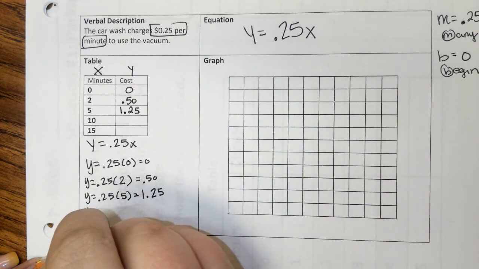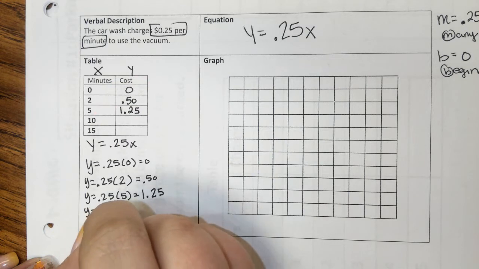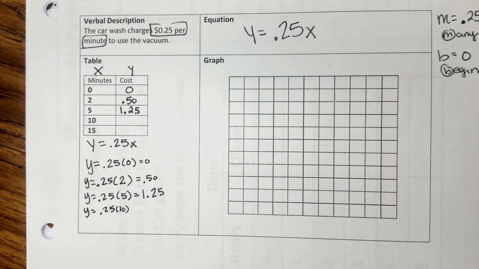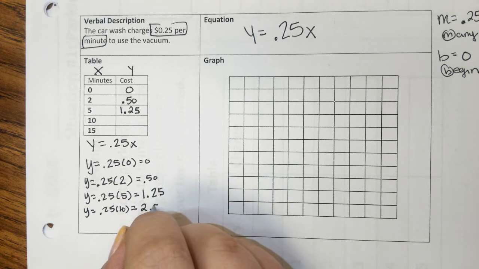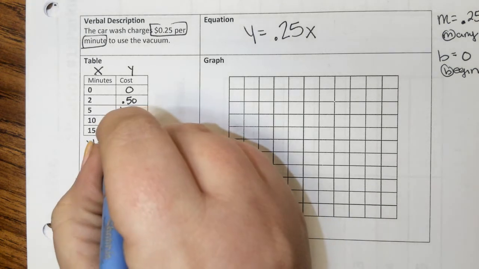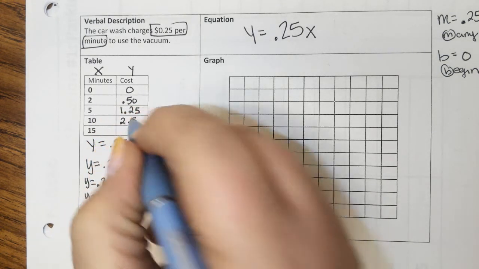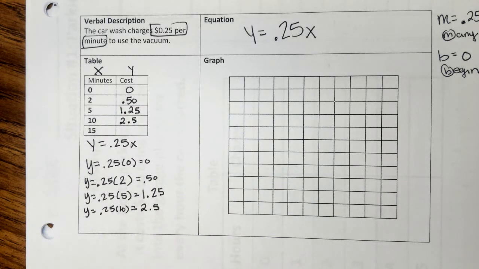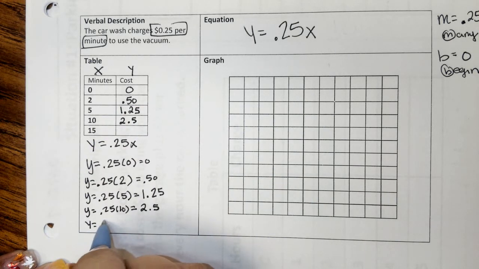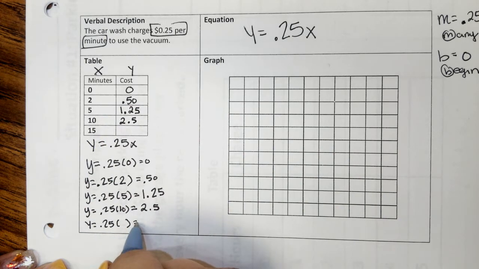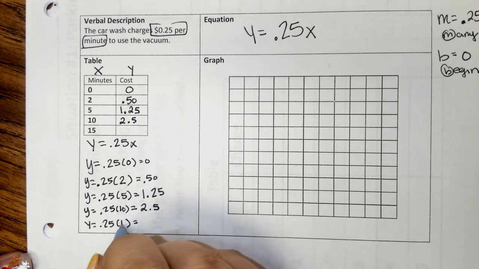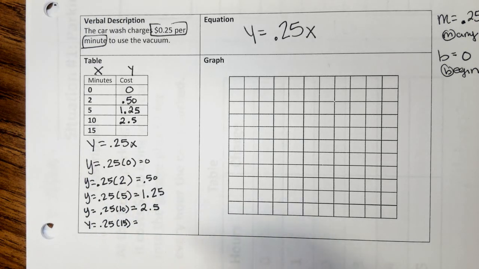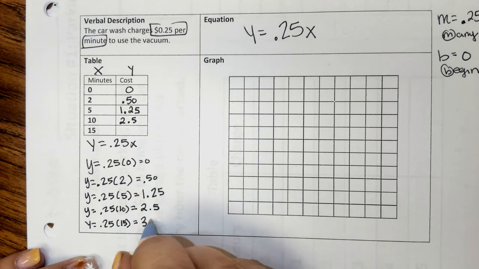Now we have y equals 0.25 times 10. 0.25 times 10 is 2.5. Next we have y equals 0.25 times whatever x is. X is now 15. And 0.25 times 15 is 3.75.